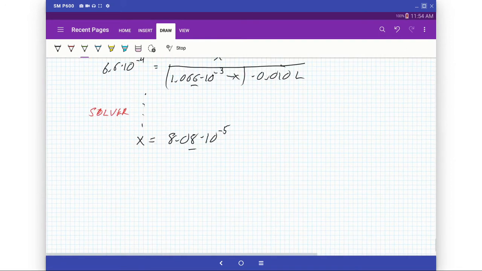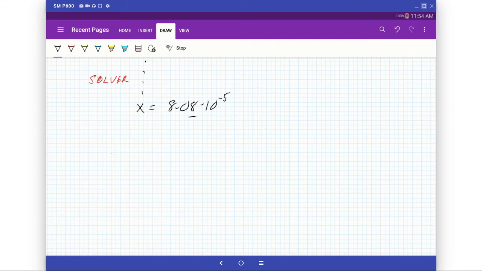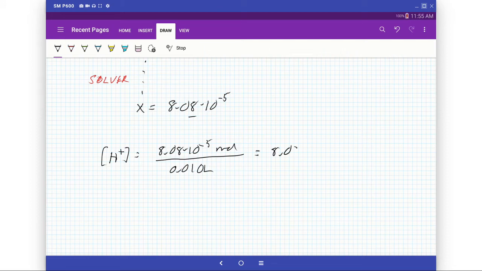So in order to get the concentration, we need to take that and divide it by the volume, which is still 10 milliliters. And you find out that 8.08 times 10 to the minus 3 moles per liter is the hydrogen ion concentration, and that gives a pH of 2.09.